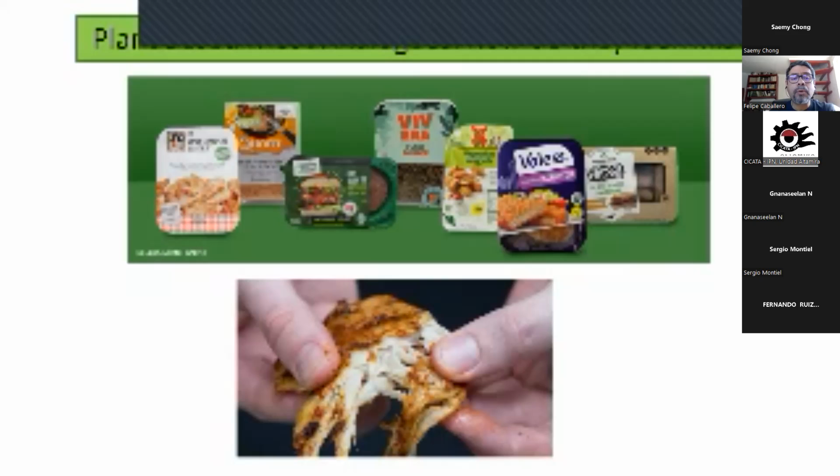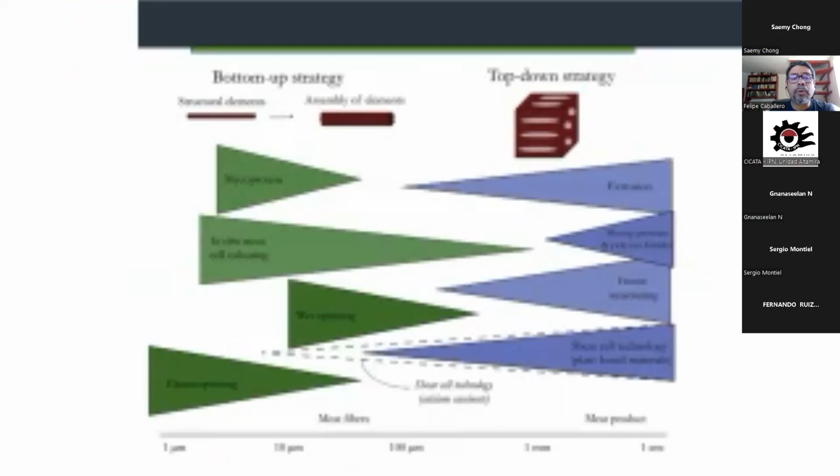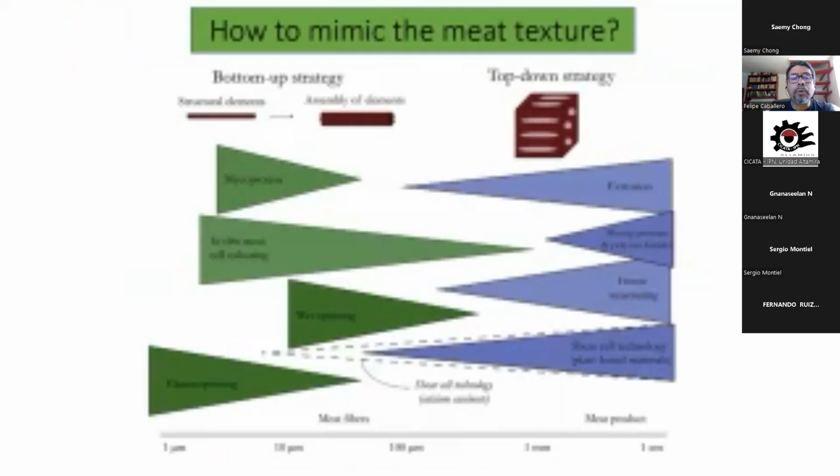There is also the top-down strategy that begins with a mixture of proteins and polysaccharides, and then they do extrusion, compress, apply pressure and heating, and finish with a meat-like texture.